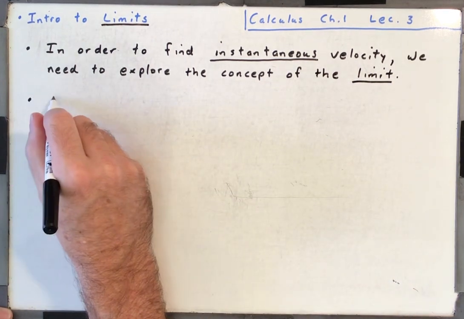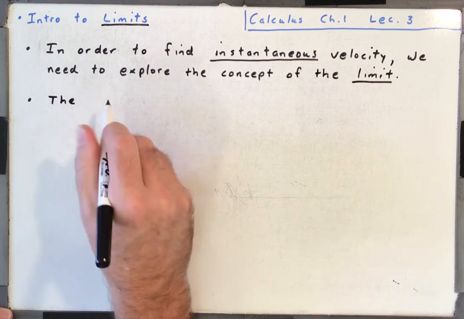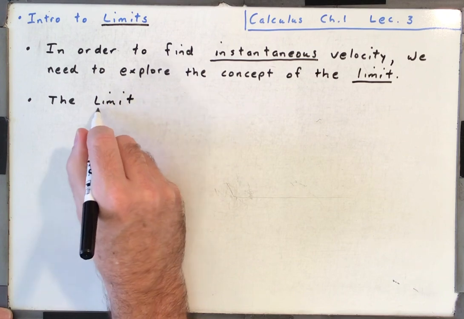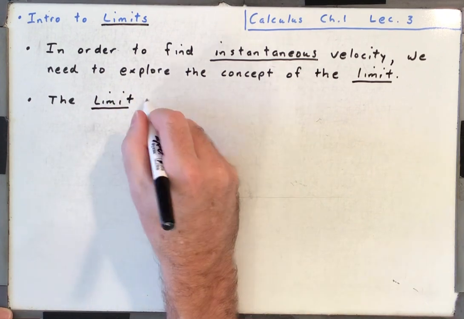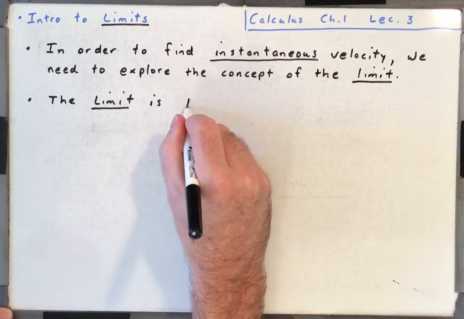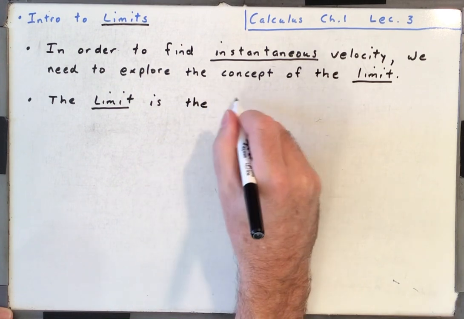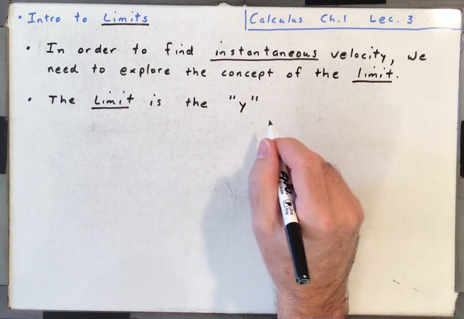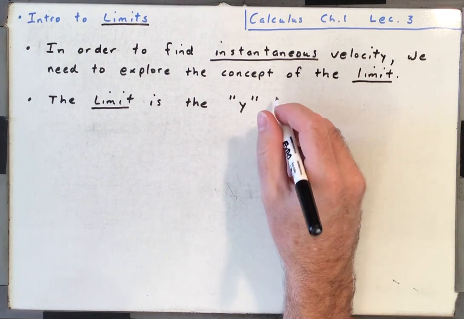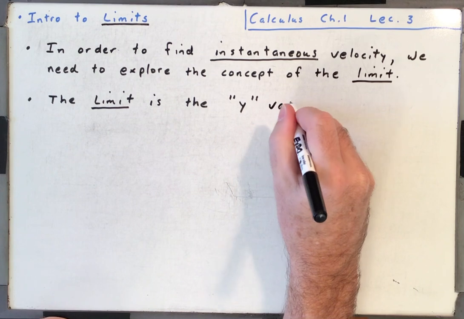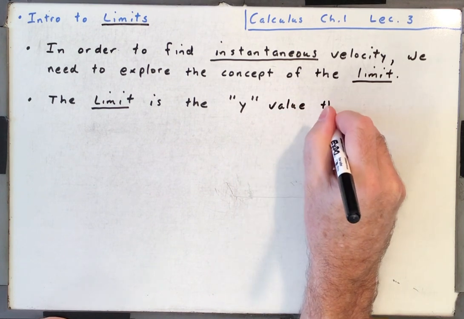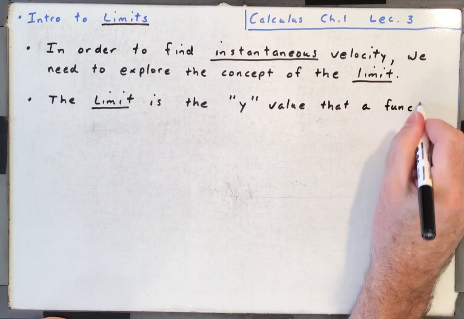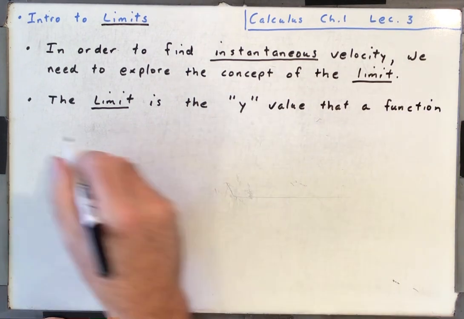All right, so the limit, and I'm going to draw a graph in just a second, is the y value. Okay, so think of a graph. You have your x-axis, your y-axis, so it's the y value that a function approaches.